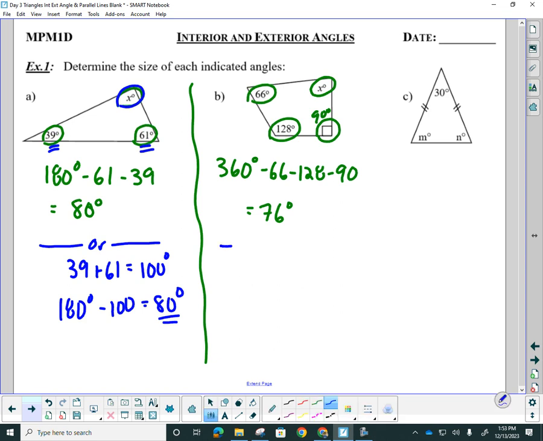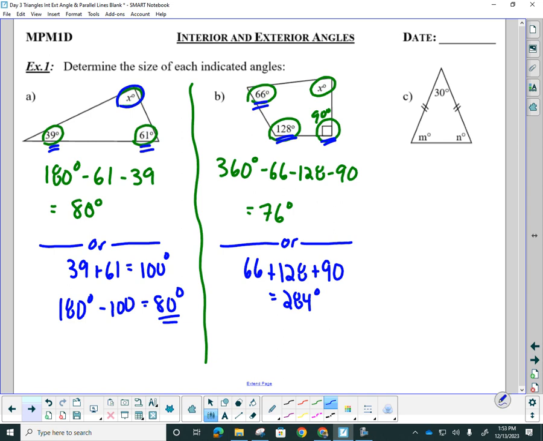Others will do it the other way, which is just as good. They would take the angles that I know, so 66 plus 128 plus 90, add those up, and I get 284. So that's how many degrees I've used.